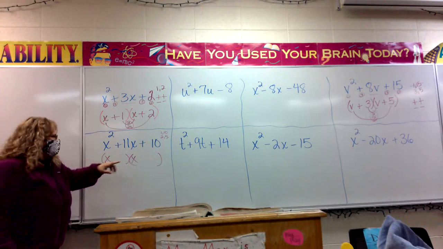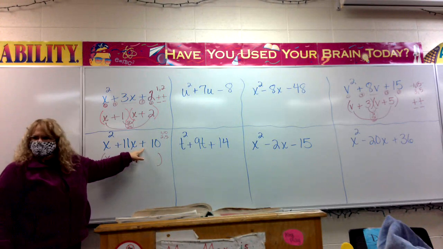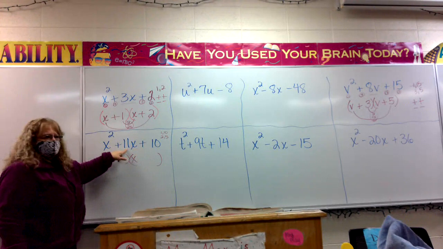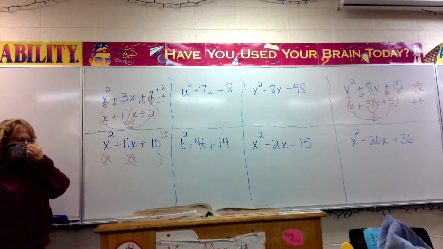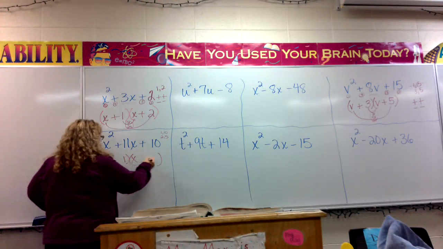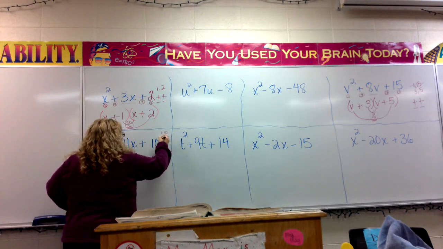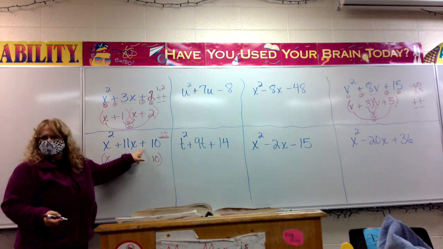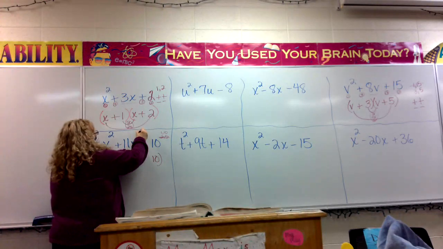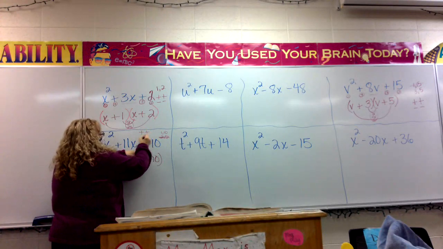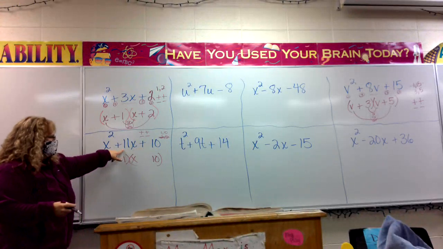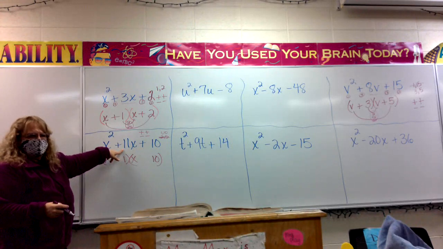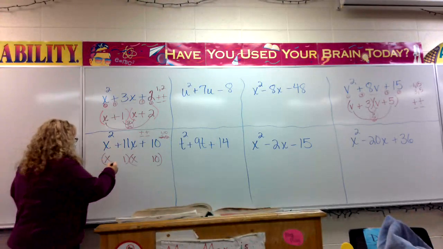You want the combination that will add to 11. Which one? 1 and 10. It's a positive, so it's either going to be positive times positive or negative times negative. Plus, plus.